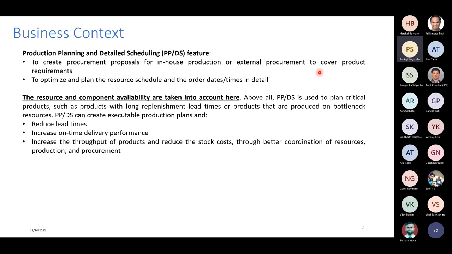And then the associated topic is detailed scheduling, which we'll just define for now and talk about in detail later. So what is detailed scheduling, or for that matter, what is scheduling? Can somebody try to explain what is scheduling?